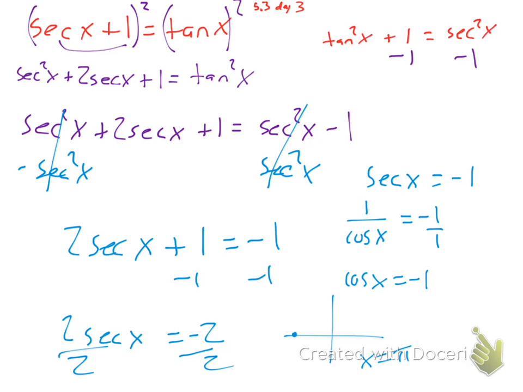Now, it also didn't specify that it wants it between 0 and 360 or 0 and 2 pi. So therefore, it's not looking for an answer, it's looking for all answers. And so we add, well, I'm not going to add 360k to a pi, it's 2k pi. And so there is your answer.